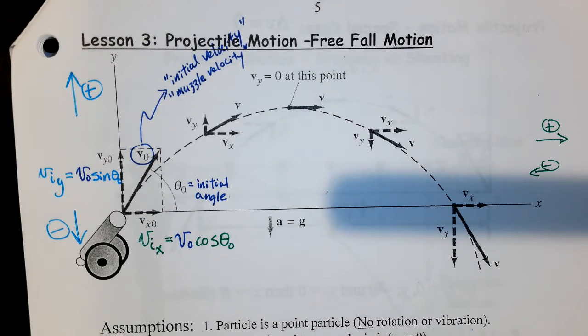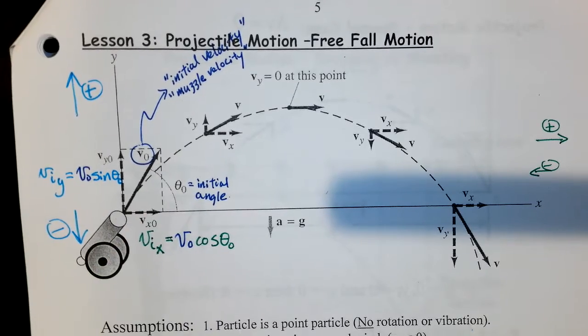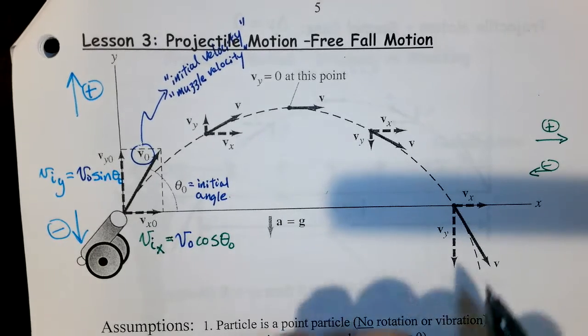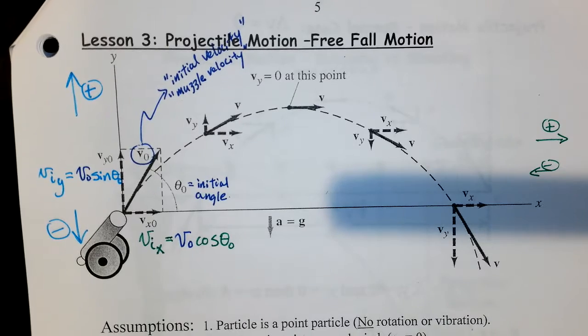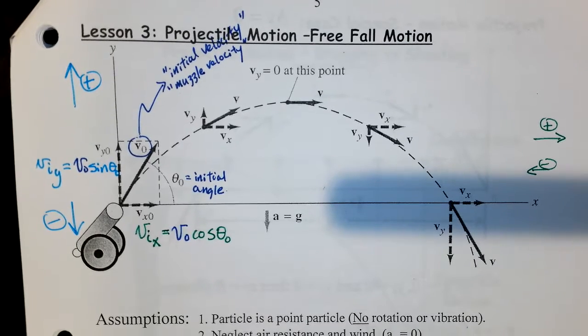So what happens when you fire this thing at an angle? Well, the projectile, as soon as it's launched, is going to be influenced by the gravitational pull of the Earth towards the center. And because gravity always pulls everything towards the center of the Earth, it will be influenced vertically only.